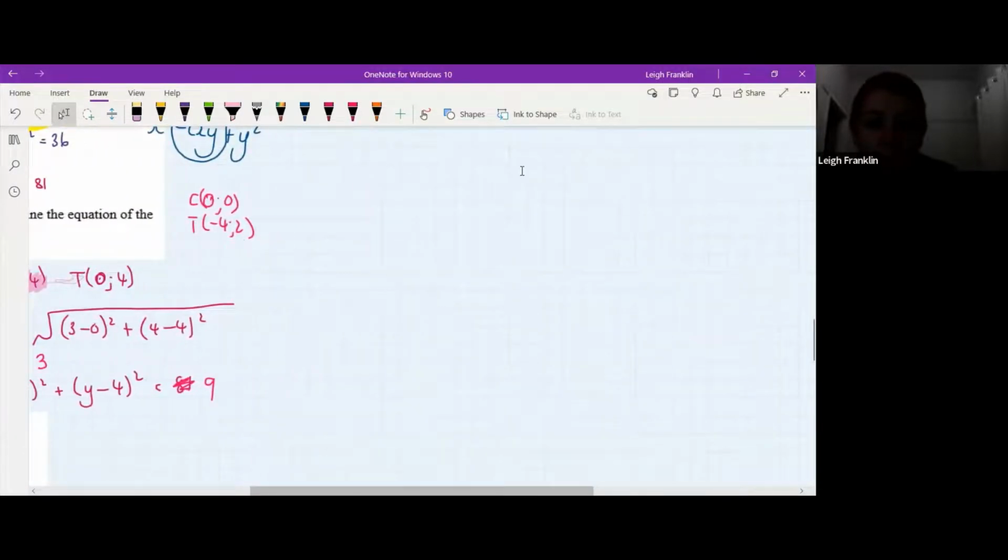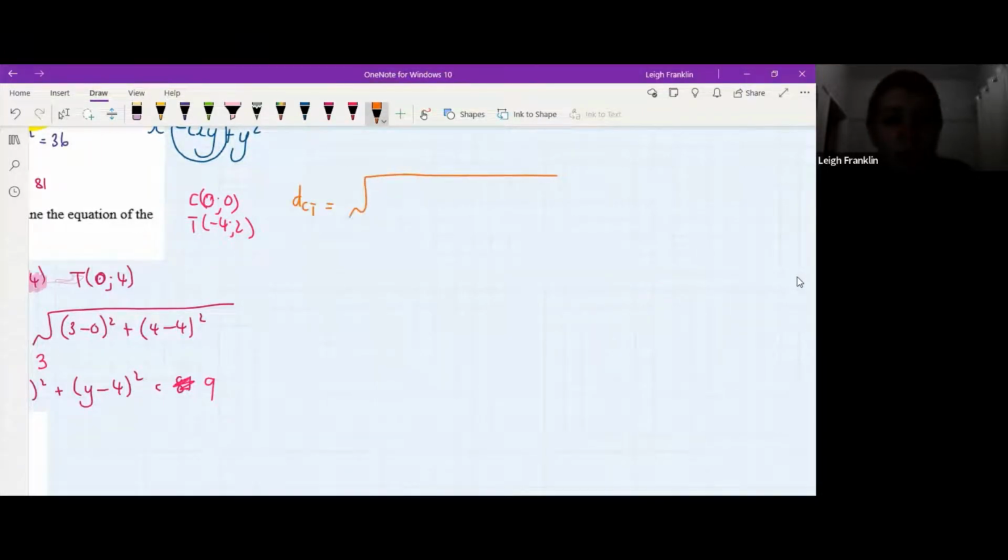Okay, so Trisha, let's do this. We need to work out the length of the radius, in other words, the distance from C to T using the distance formula. So that is the change in x's, 0 minus -4, which is 0 plus 4, plus the change in y's, so that's 0 minus 2 squared.